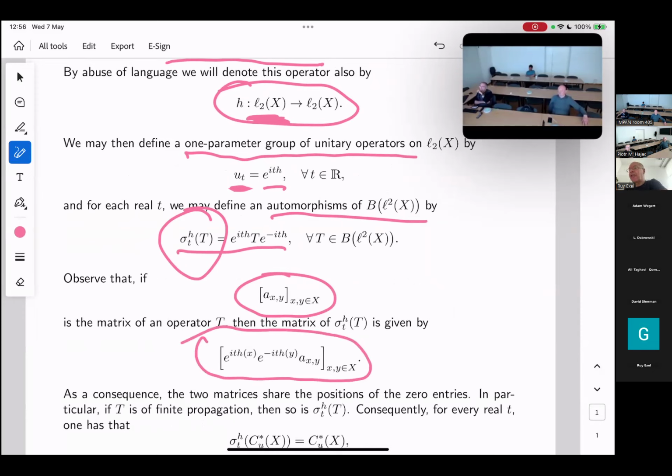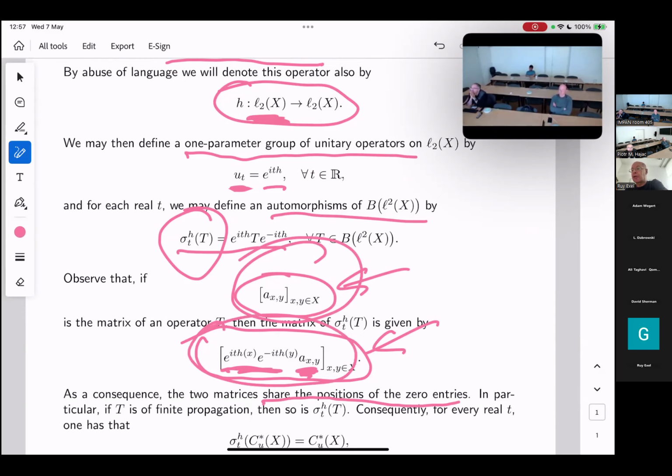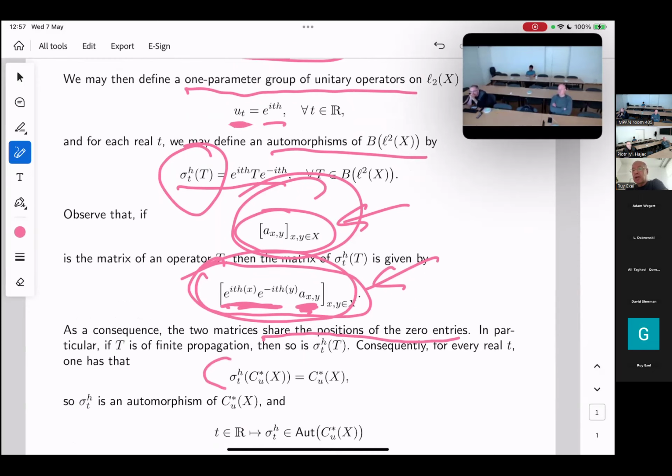You get an easy form because you're conjugating by a diagonal operator, and all you're doing is multiplying the coefficients in the matrix by some coefficients. So an important observation is that this matrix and this matrix share the positions of the entries which are 0, right? So if this matrix over here has finite propagation, this one also has finite propagation. So by going to limits, it's easy to show that this automorphism leaves the uniform Roe algebra invariant.